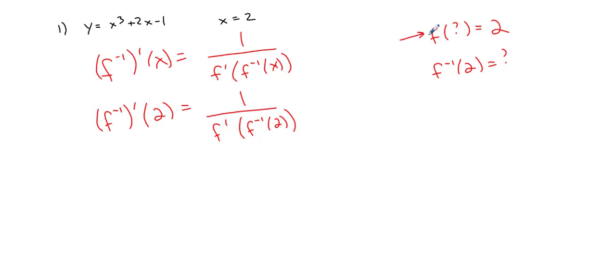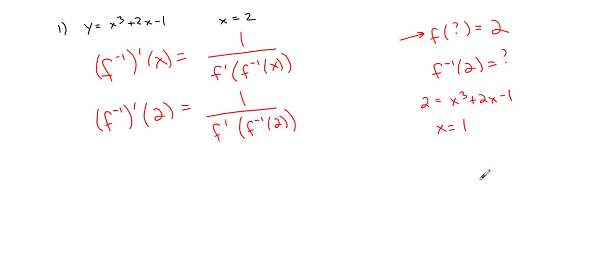We've got to figure out when the function is equal to 2. So 2 equals x cubed plus 2x minus 1. I don't know, either subtract 2 and solve, or maybe use a calculator, see what we got here. Huh? Is 1? So 1 plus 2 minus 1 is 2.